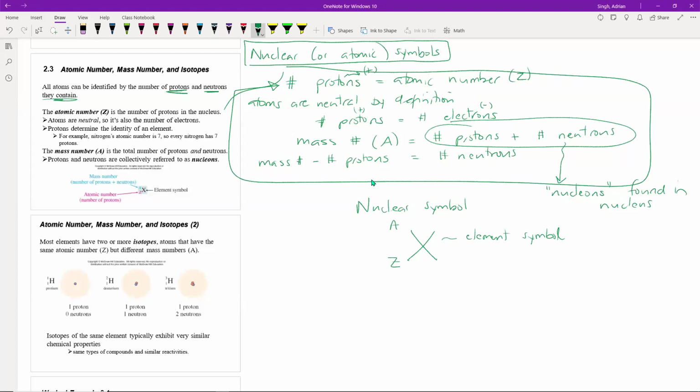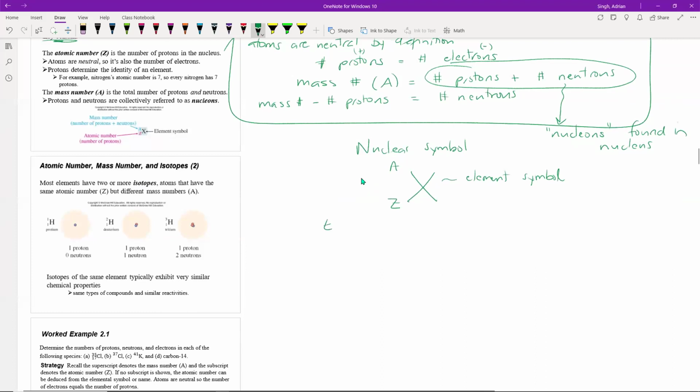Okay, so for example, if we have an atom of, let's say, sodium. Sodium has the symbol Na, and we have the elemental symbol as follows. So Na, and then sodium has 11 down here, and then 23 up on top.